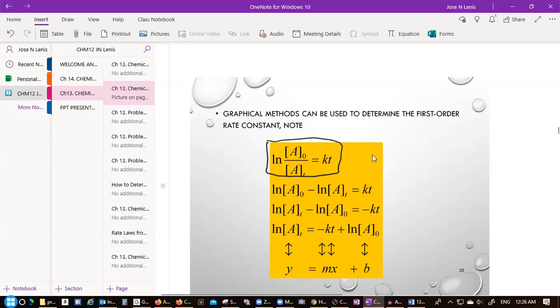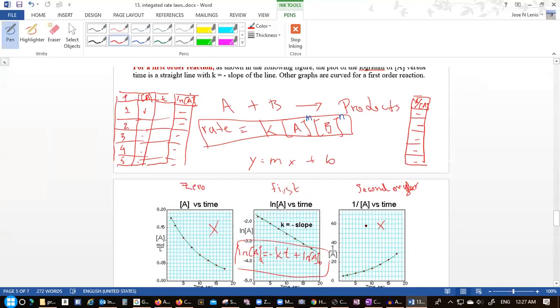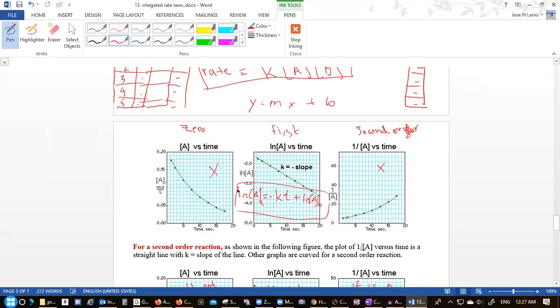It has another application, which we'll see later, the half-life. Very useful. If we break this down, we find it has a linear behavior, the shape of a straight line equation. This is the one I did previously, the graphical demonstration for the first order. I did it somewhere here. Yeah, look, it's the same.